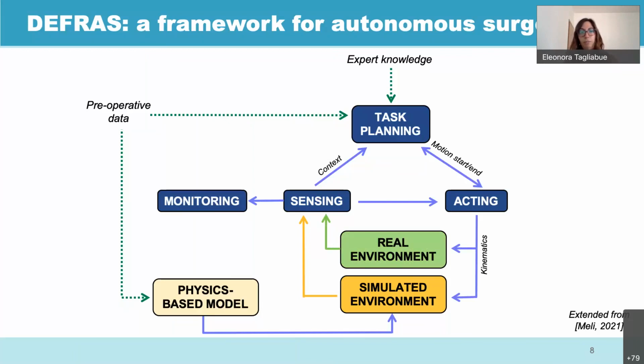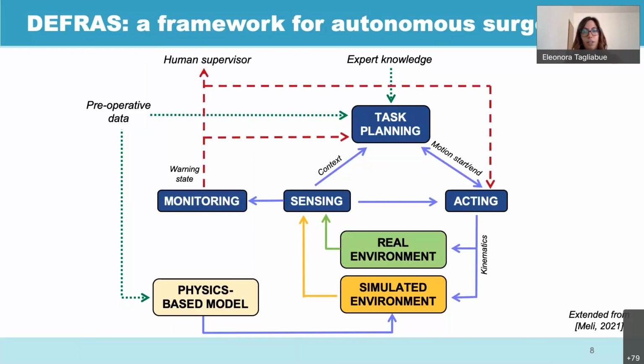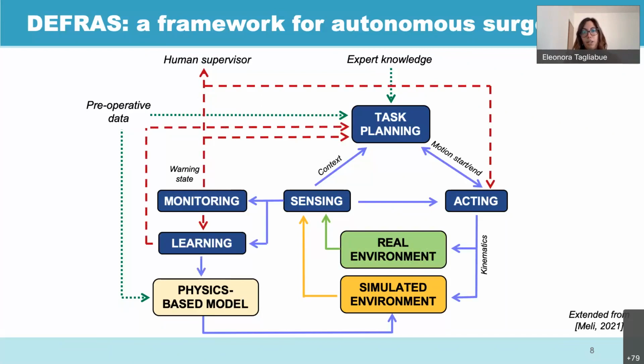And if there is mismatch between these two environments, we can trigger some specific interventions or adjustments in the task plan in order to improve safety. For example, we can reduce motion velocity. Or we can also trigger a learning module that is able to update the parameterization of the physics-based model, because this mismatch between the two environments might be due to incorrect initial parameterization.